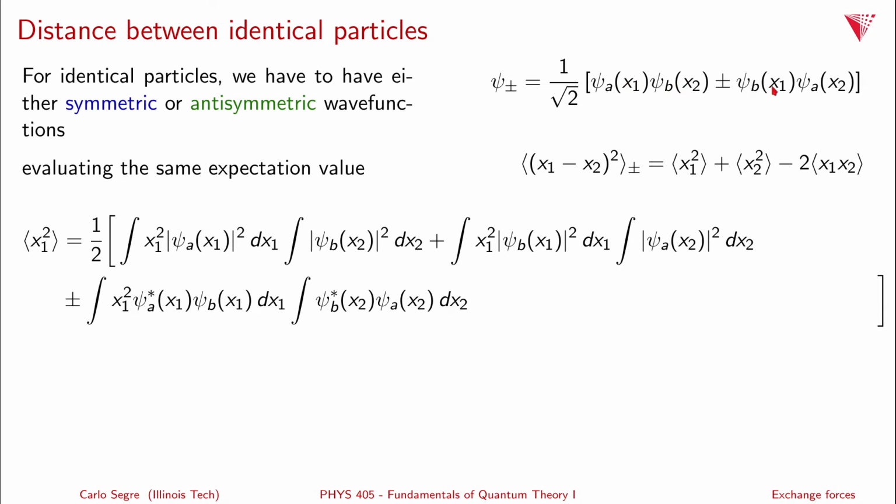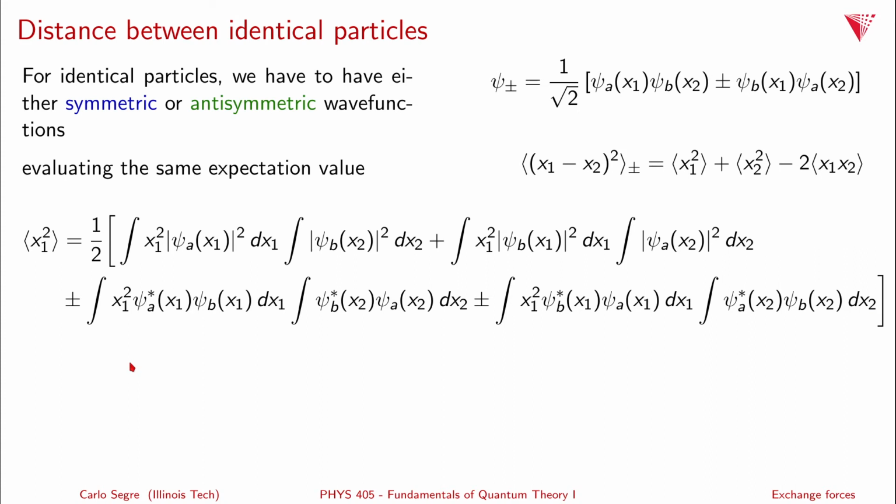That's this term times this term. And then we have a fourth term, which is also plus or minus. And now you have the x1. This is this term first times this term. And so you just have x1 squared psi b star of x1 psi a of x1 dx1, and then you have psi a star of x2 psi b of x2 dx2.